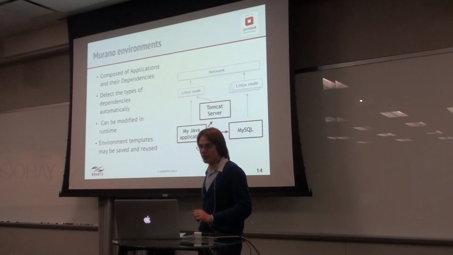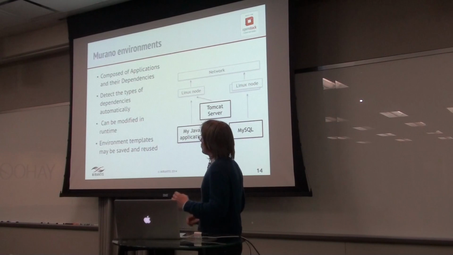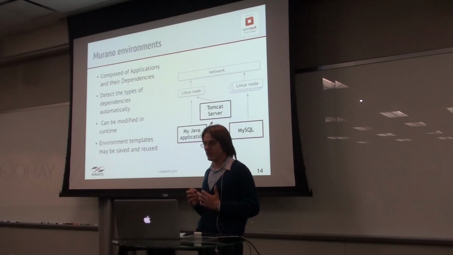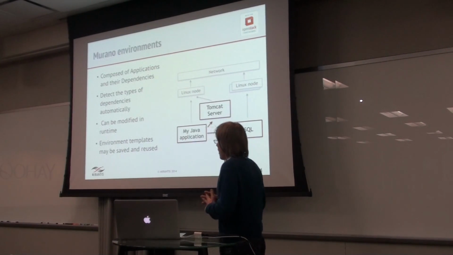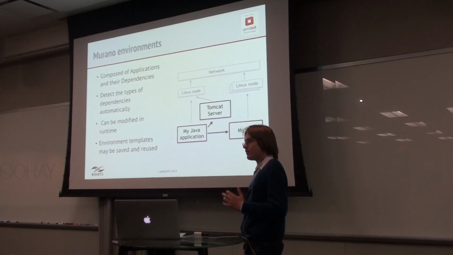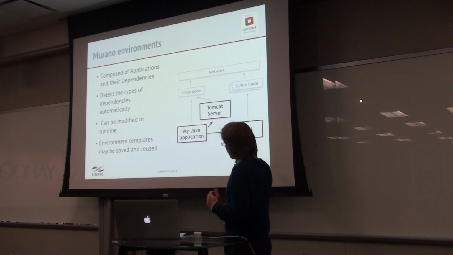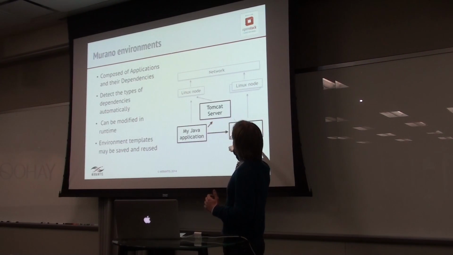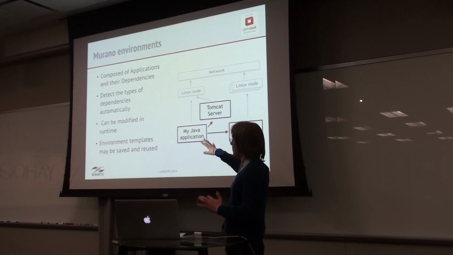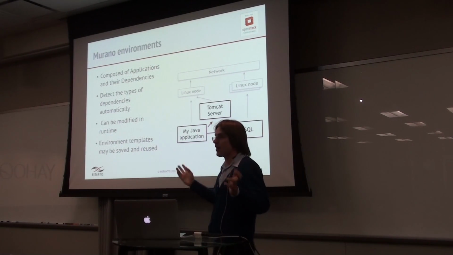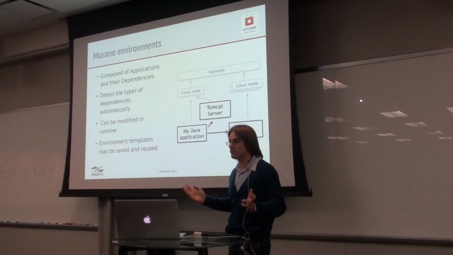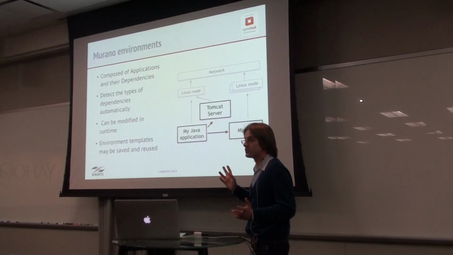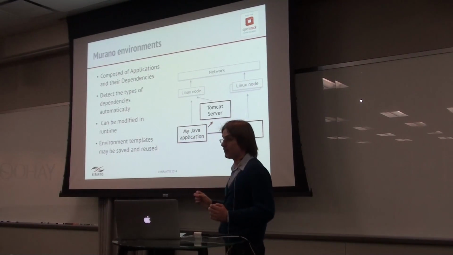Another entity of Murano is the Murano environment. That's what we call a group of applications deployed in the cloud. An important thing is that applications may depend on each other. For example, on this diagram, you see three different cloud applications: My Java Application, some custom application created by a user of our cloud, and two generic ones, a Tomcat server, a servlet container, and a MySQL database.